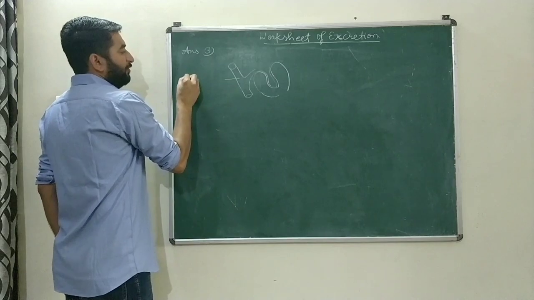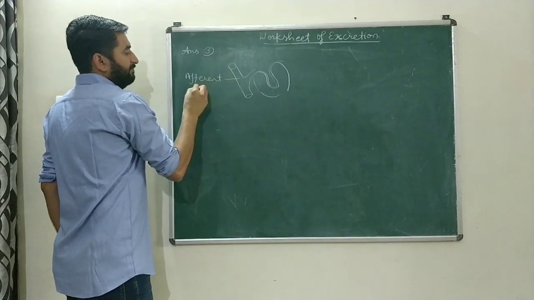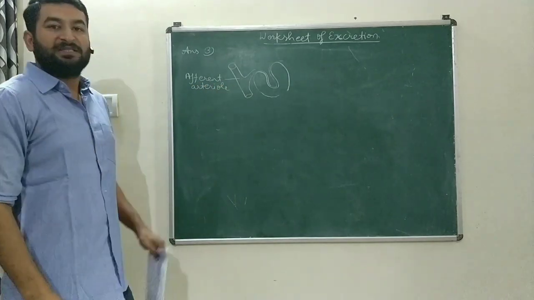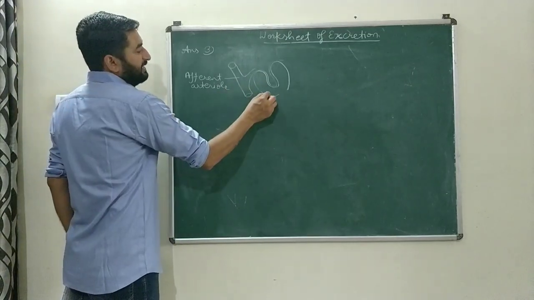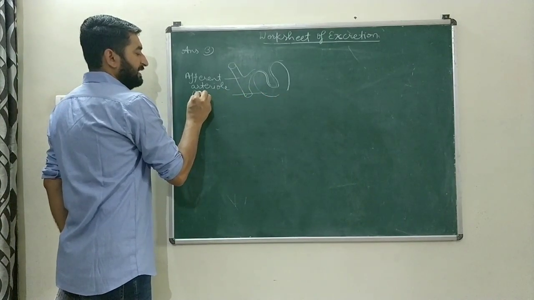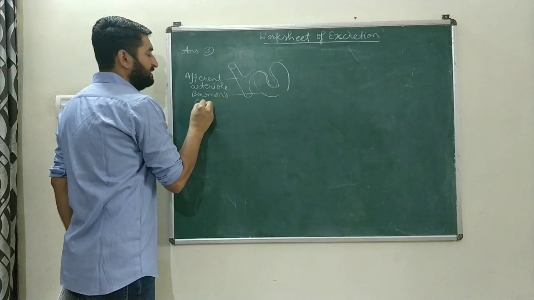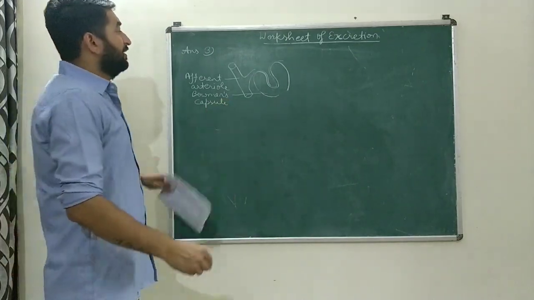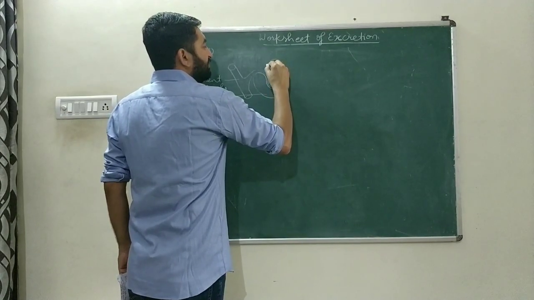This afferent arteriole brings the blood to this cup-shaped structure that is known as Bowman's capsule. This arteriole gets divided here into fine branches.